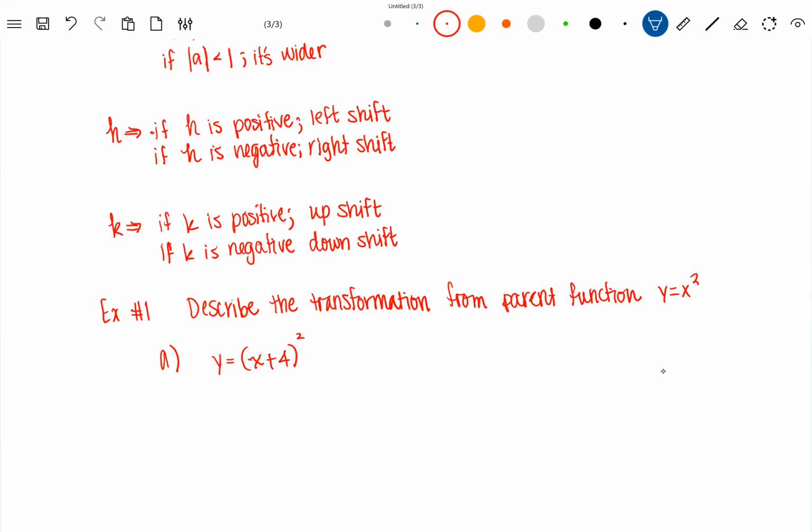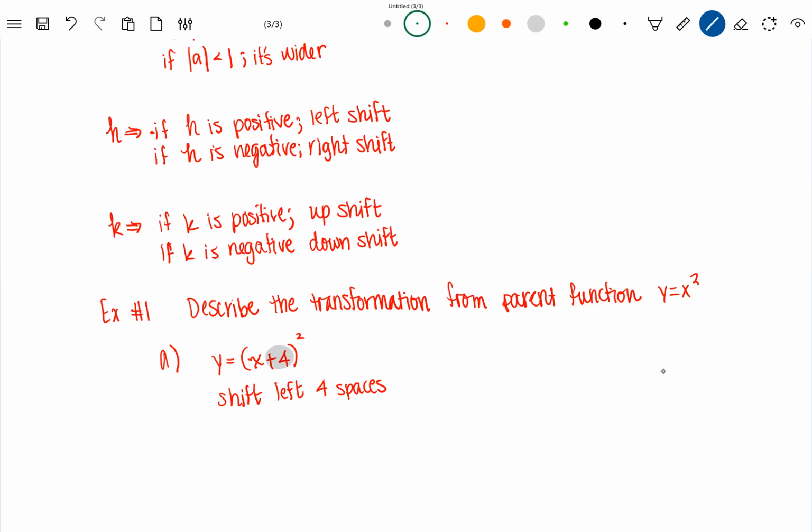Both of these have an x and a square, but this one from example 1a has a plus 4. That plus 4 is in the parentheses, so that's h. Remember, h represents a horizontal shift, either to the right or to the left. Since this is positive 4, that represents a shift left 4 spaces. That's the only difference in the two functions.